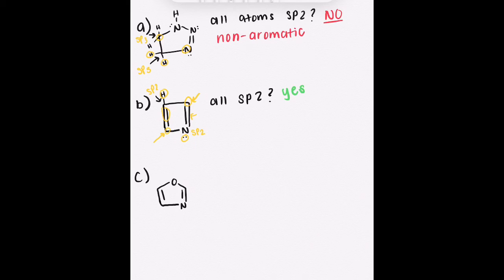Our answer to this is yes. So we will go on to our next question, which is 4n plus 2 equals the number of pi electrons. So here, I will highlight the pi electrons.